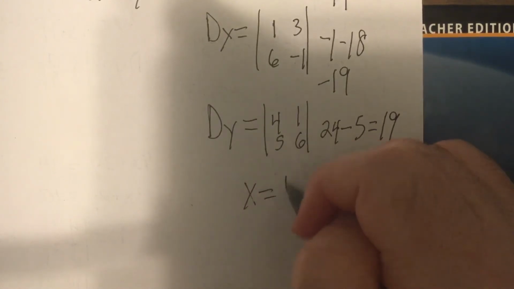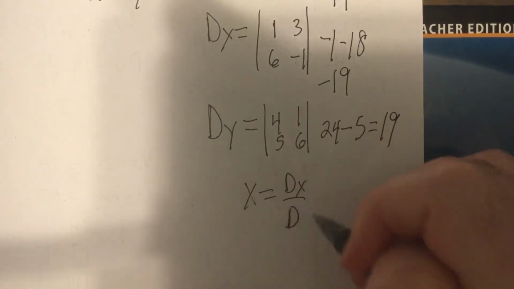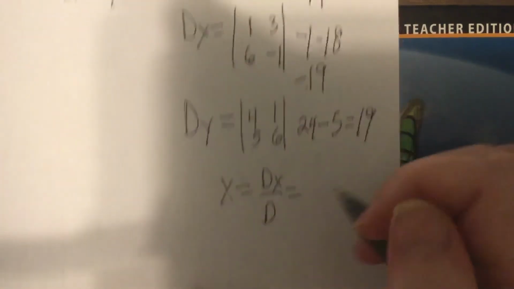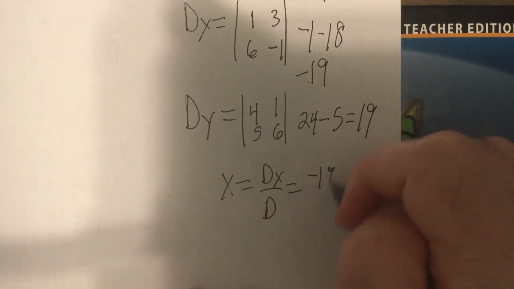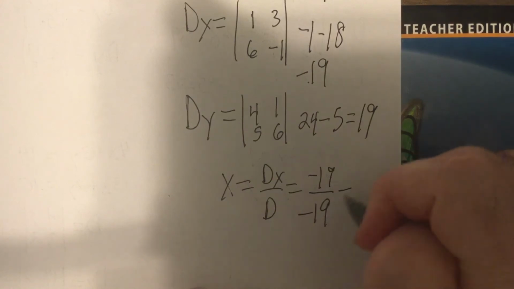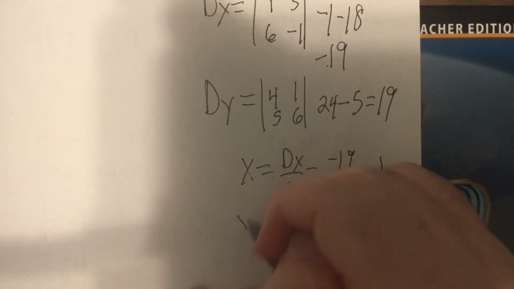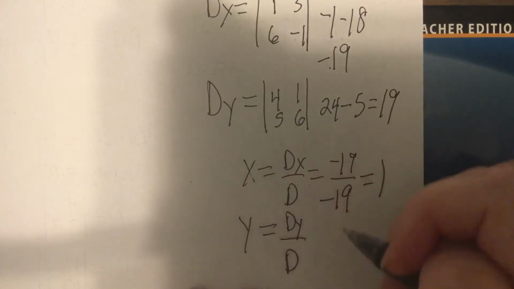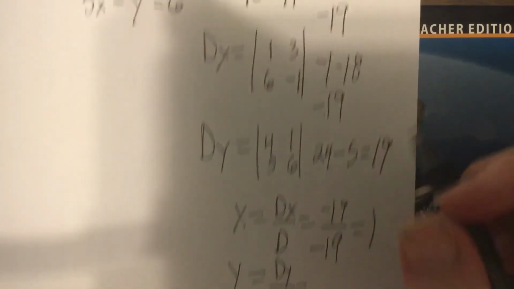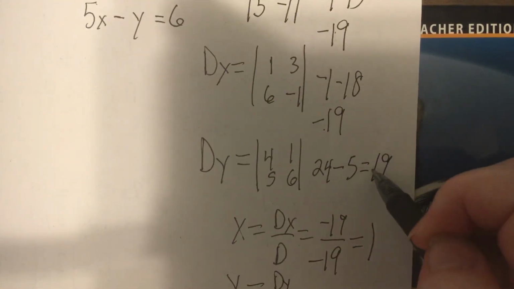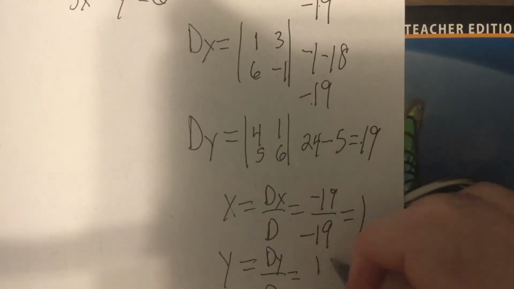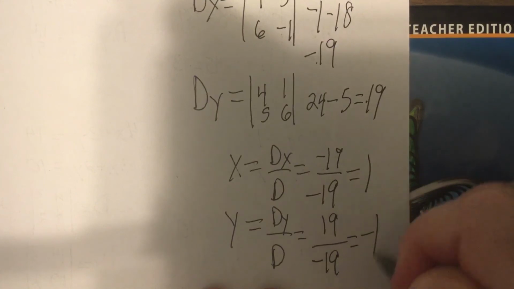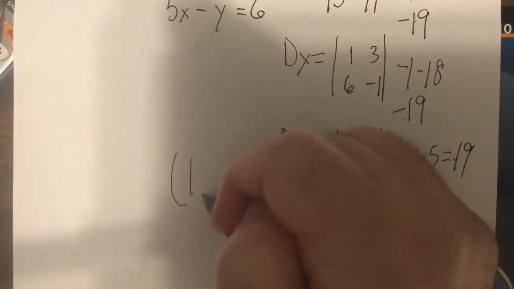So x is Dx divided by D, which is negative 19 divided by negative 19, which is 1. And y is Dy divided by D, which is 19 divided by negative 19, which is negative 1. So it'd be 1, negative 1.